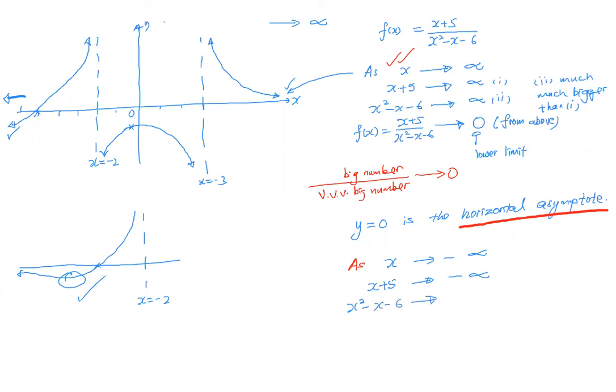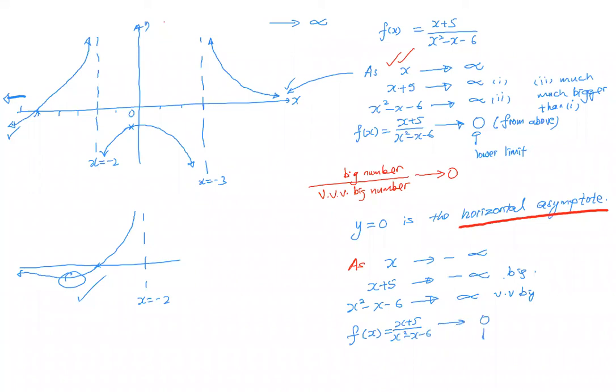It will tend to infinity, yes, because of the square. But this one is very, very big. So therefore, my f(x), which is x plus 5 over x squared minus x minus 6, will tend towards 0.